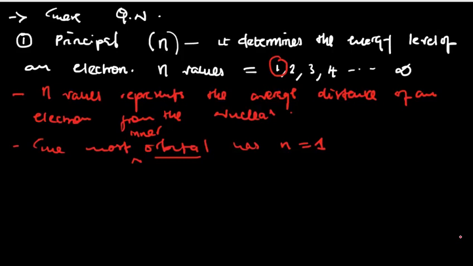Now what these values represent is that if n is small, it means it is close to the nucleus. Is that okay? Yes.